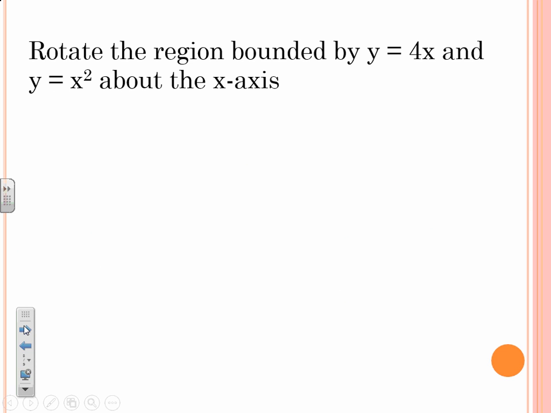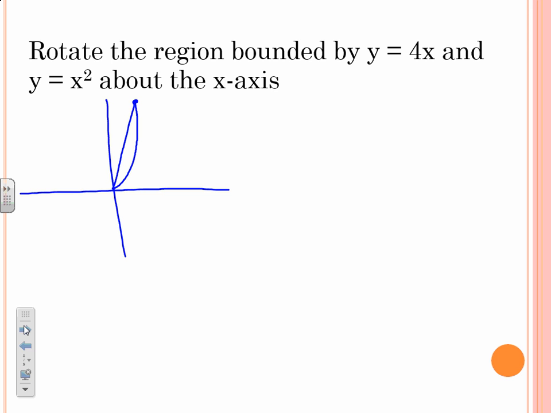So y equals 4x, y equals x squared, rotated about the x-axis. You agree that that's what our region looks like? Not a beautiful drawing, but that's what's happening.